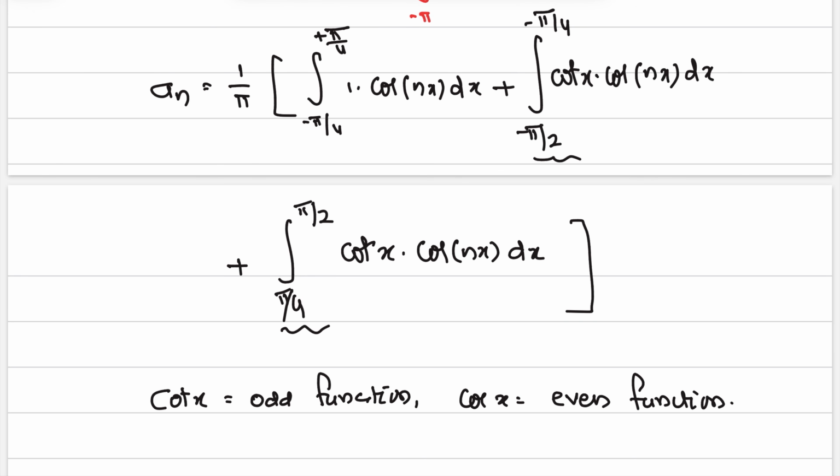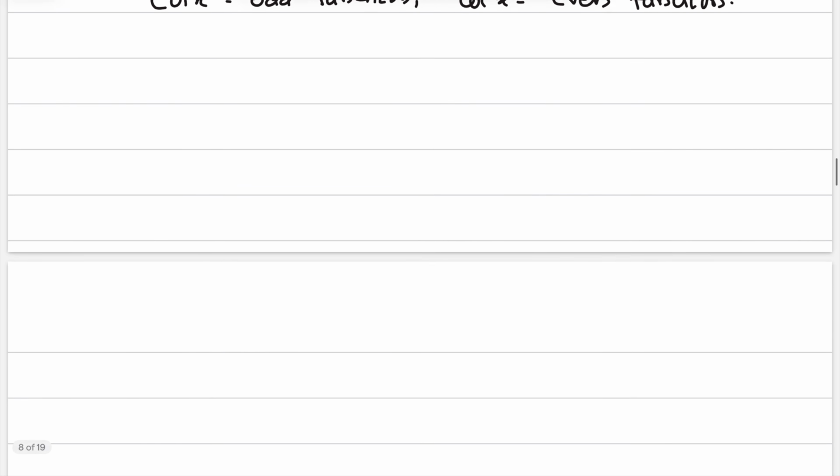Minus into plus is equal to minus. That means they behave like an odd function.